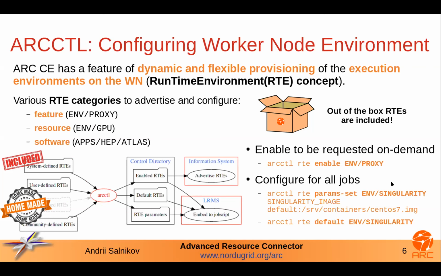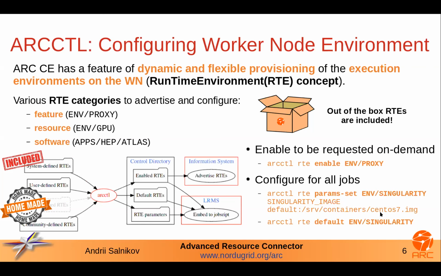But apart from the enabled RTEs, we also have default RTEs that are not advertised and are just embedded into the job script for every job, and this is the way you can customize the job script the way you want. We're also introducing RTE parameters, so you can craft RTEs that are usable for many kinds of computing elements and installations, differing only, for example, by the path to some image.